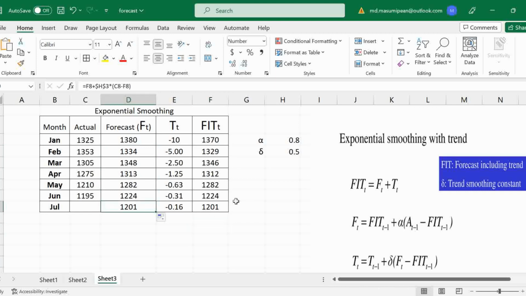So here in July we can easily get the answer of 1201, which we got including trend, and which is actually very close to our actual data.